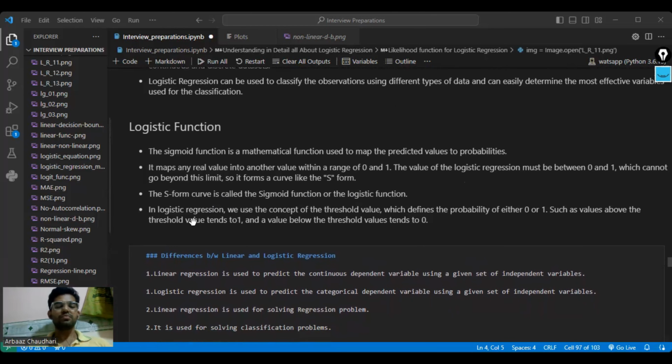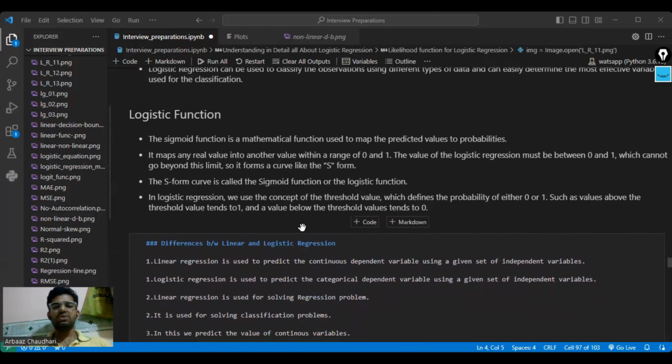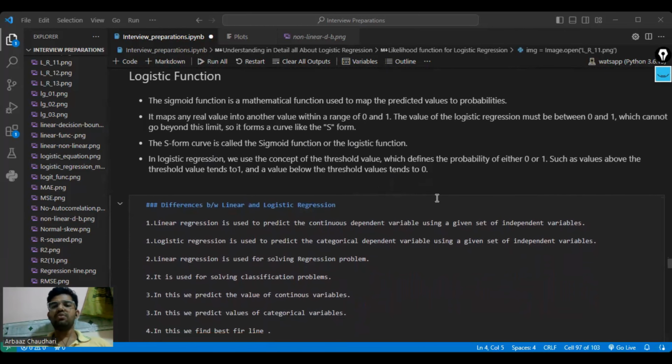In logistic regression, we use the concept of threshold value. The number which we are getting is a probability of 0 to 1, and 0.5 is taken as the threshold value, which is the base model. When we are fine-tuning it, we change that threshold to 0.6 or 0.4 according to our accuracy.